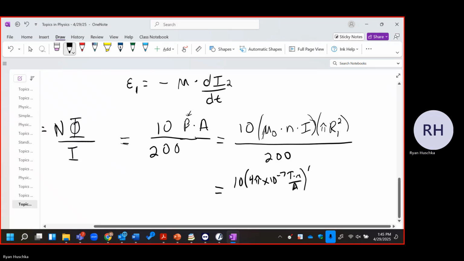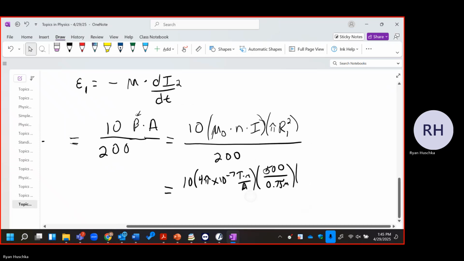We had 500 turns over 0.75 meters. I don't know what we put in for I. Right, that was our comment. What do we put in for I right there?